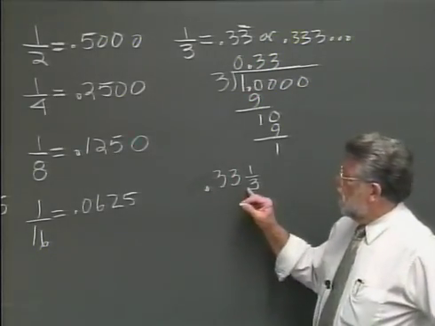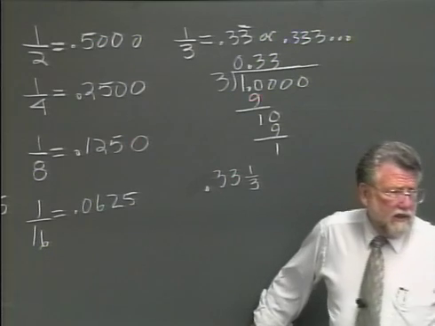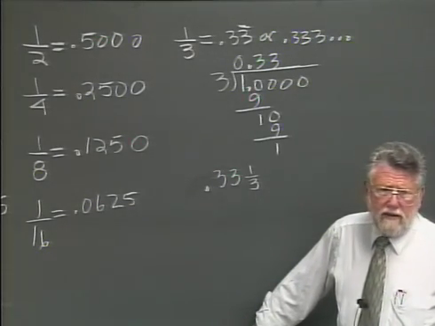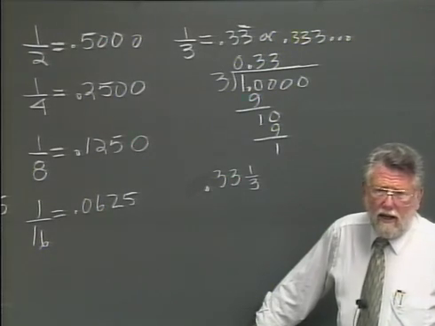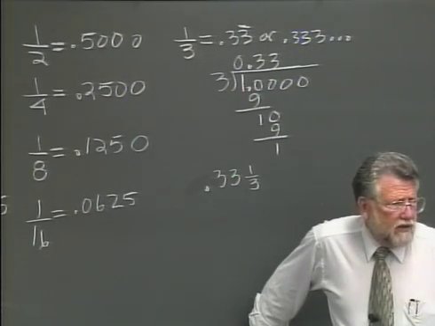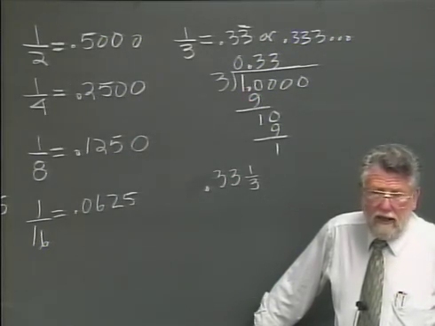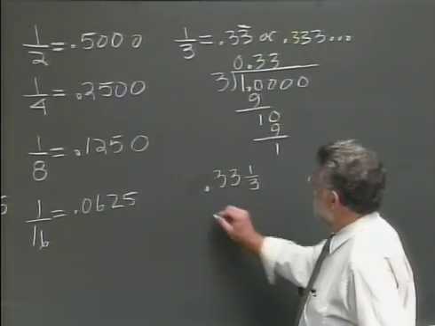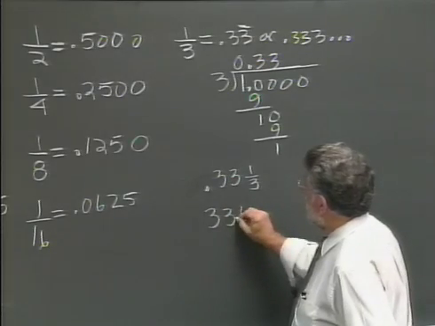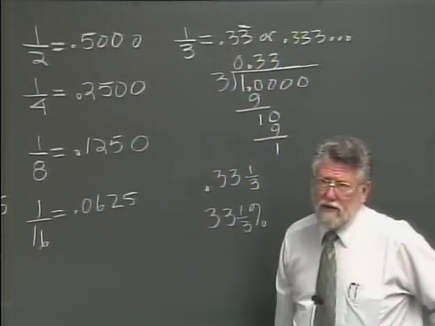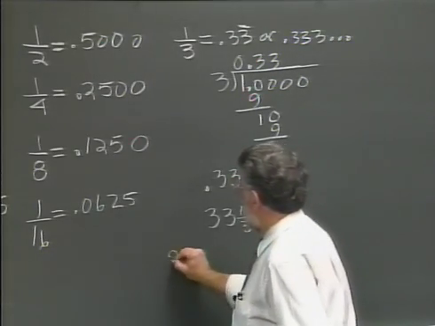This is probably the one most useful to us, okay? Because as a percent, well, first, let's read that out loud. It's 33 1/3 what? Hundredths. And that means percent. So this is just 33 1/3%. So my point is, if you know what 1/3 is, could you get 2/3 quickly for me?